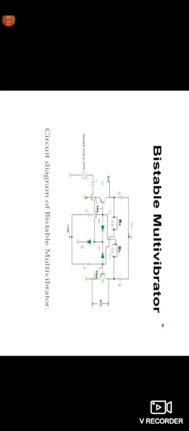Here Q1 is off, so the collector potential increases. This collector voltage is connected through R2 and C1 to the base of transistor Q2, so Q2 is in the on state and Q1 is in the off state.